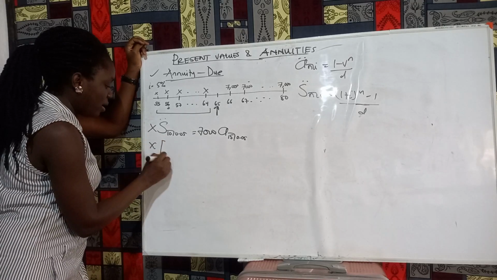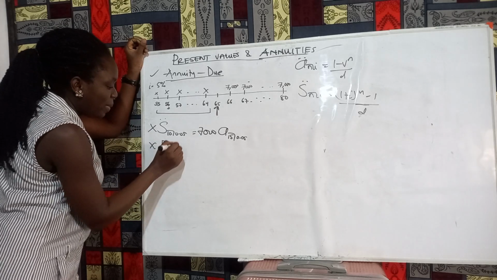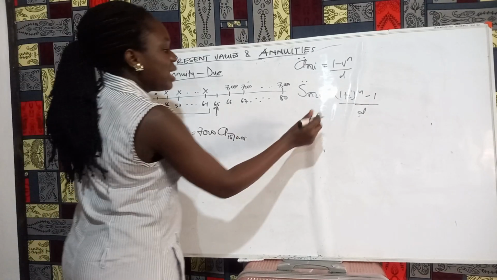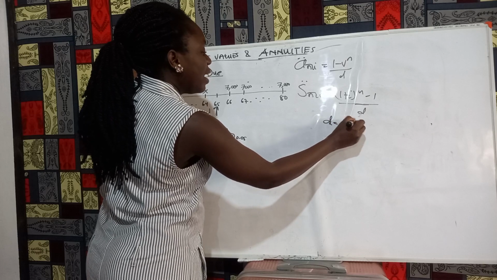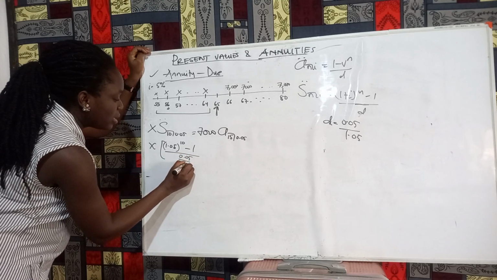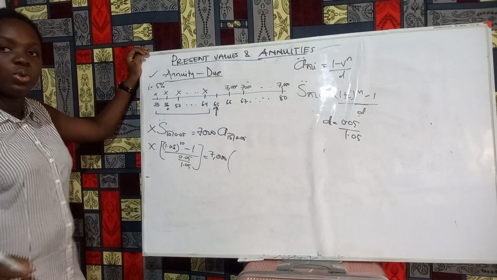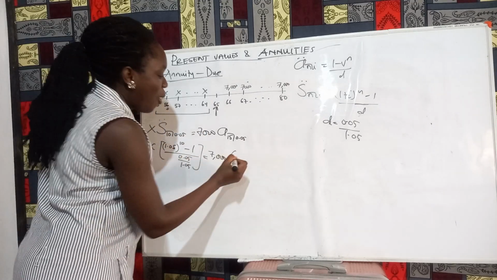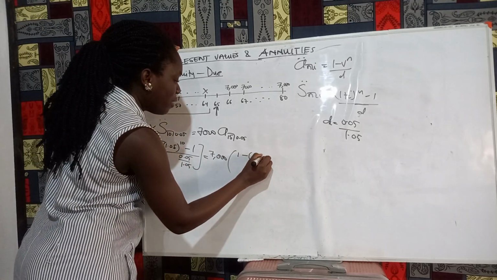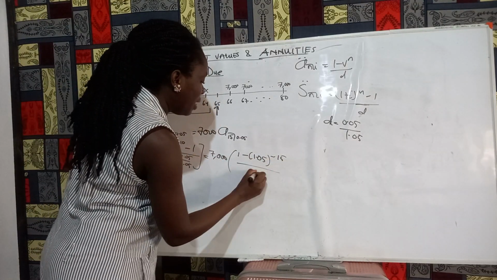So X, from our initial lesson, times (1.05 to the power n minus 1) over d, where d is equal to 0.05 over 1.05, so over 0.05 over 1.05, is equal to 7,000 times (1 minus v, which is 1.05 to the power minus 15) all over 0.05.